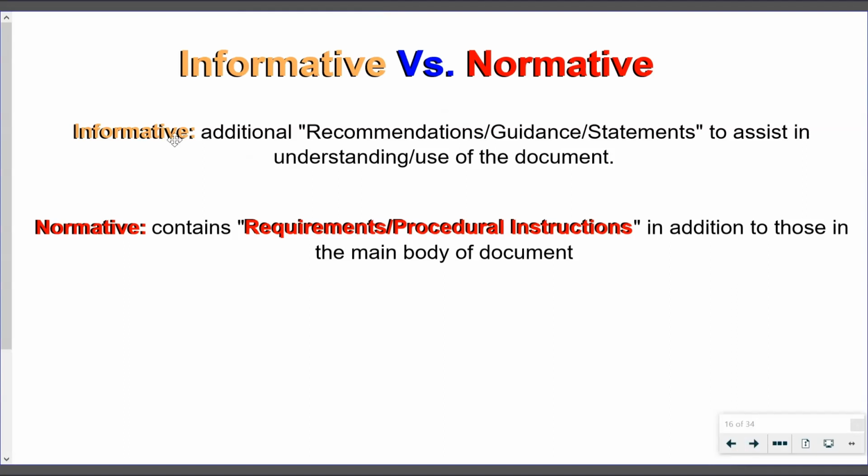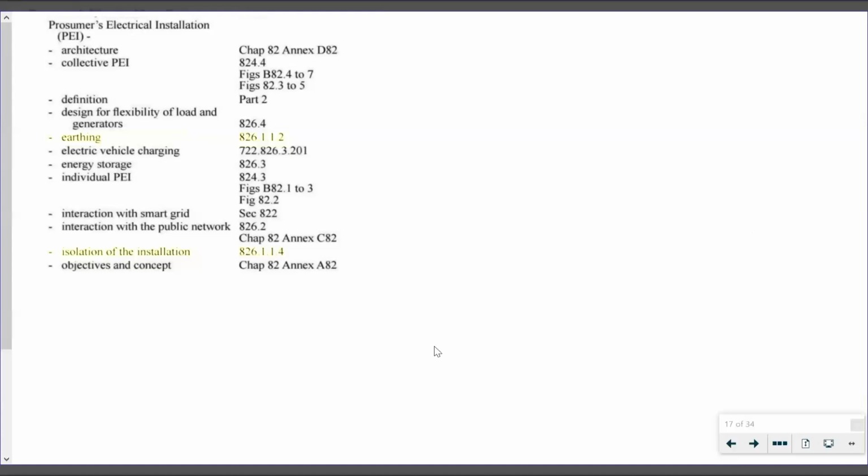Informative, well, at the front of the book it tells you informative annexes are recommendations, guidance, or statements that assist you in the understanding and use of the document. Whereas if it said normative, it contains requirements and procedural instructions in addition to those in the main body of the document. So if it's informative, we're less likely to be interested in the informative information.